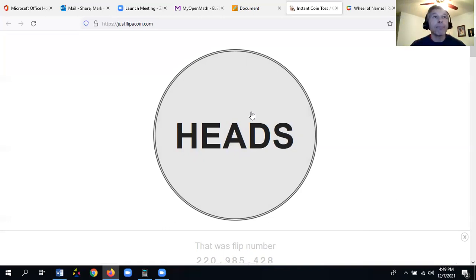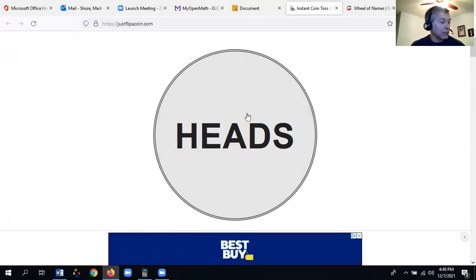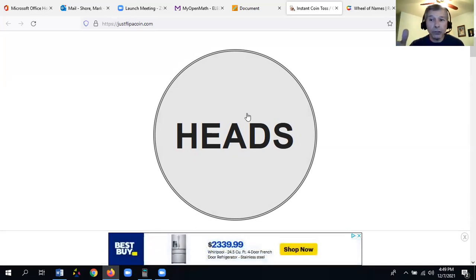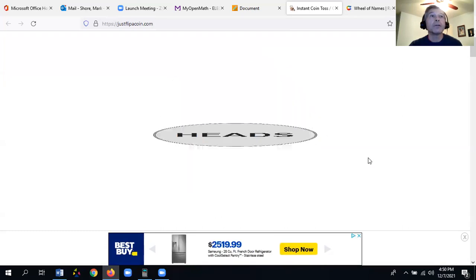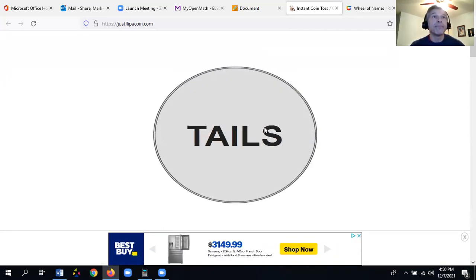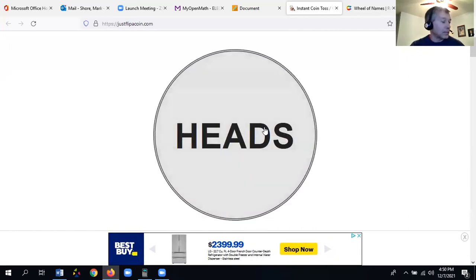Let's try it again. New count here. First flip, heads. I got it on my first try. Now you would do this over and over again, and then you could get an average of the number of times that you would need to do this. So far I got heads on 2 flips, then the next try through, I got heads on 1 flip, and then here's my third try, tails, heads.